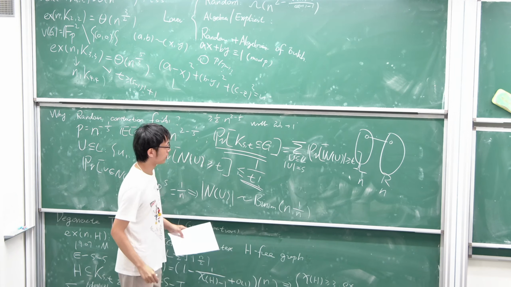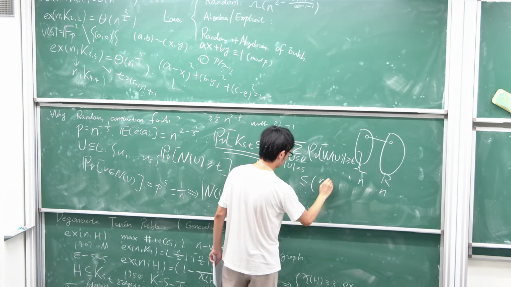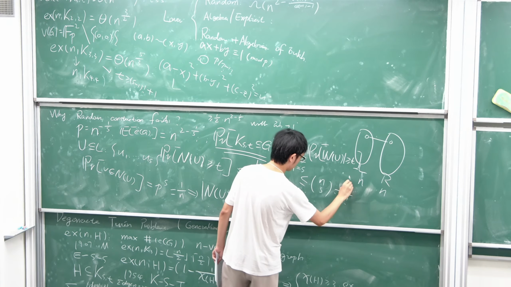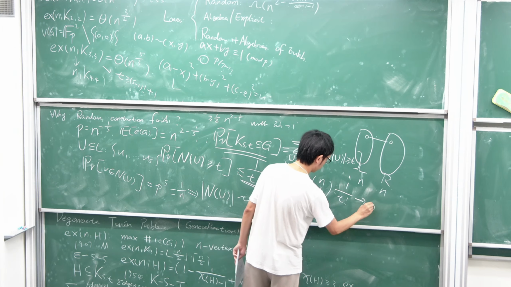It's easy to show that n choose s times this 1 over t factorial squared tends to 0.